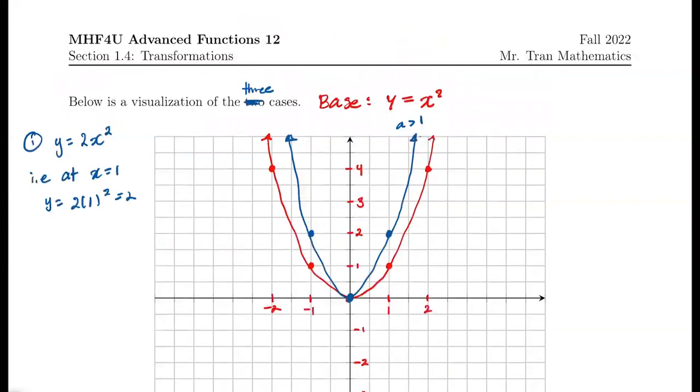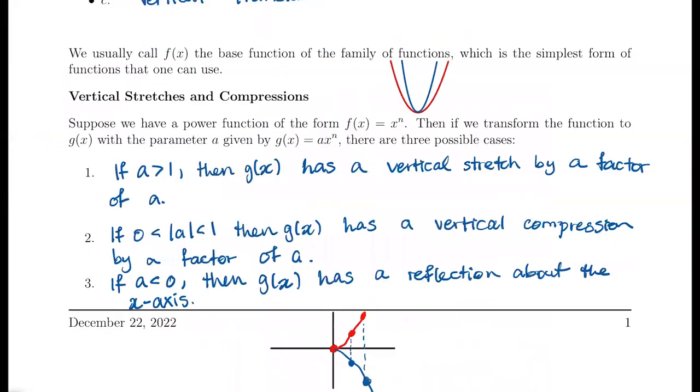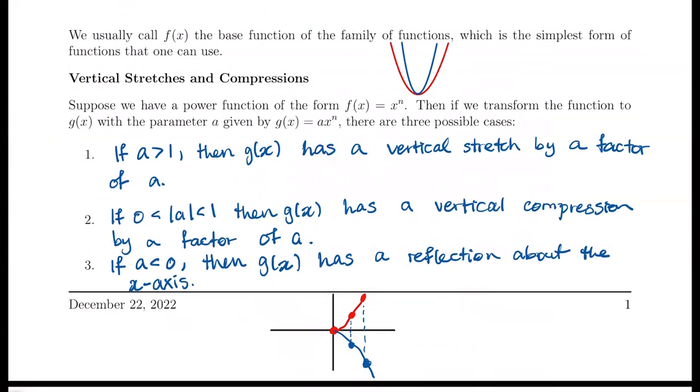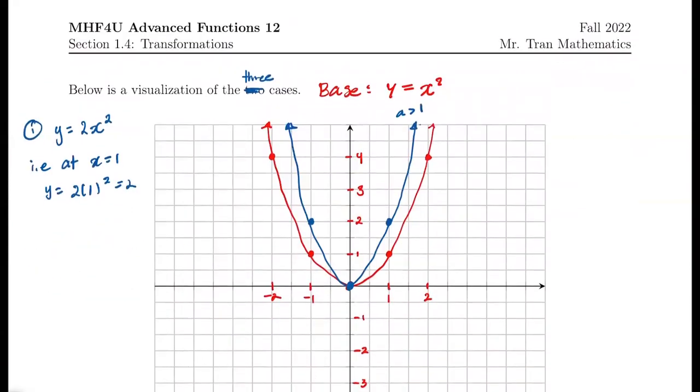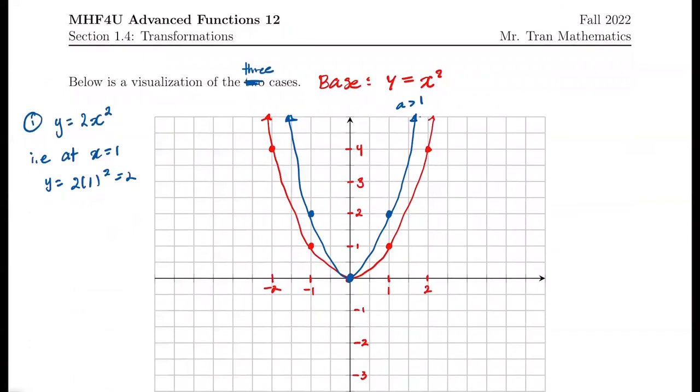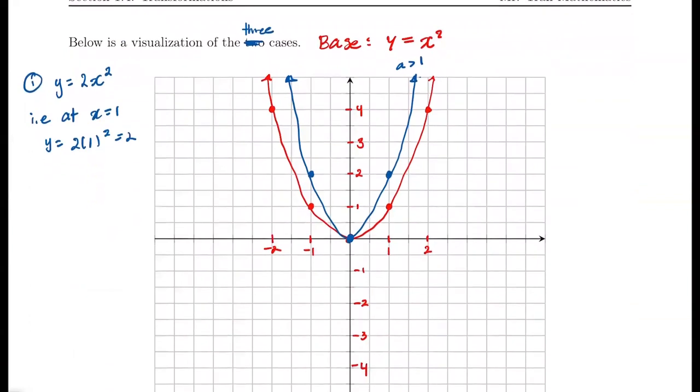Okay, so for the second case now, we will have a look at what happens when the absolute value of a is between 0 and 1. So this means that g of x is going to have a vertical compression. So every y coordinate now is just going to be reduced to half of it.